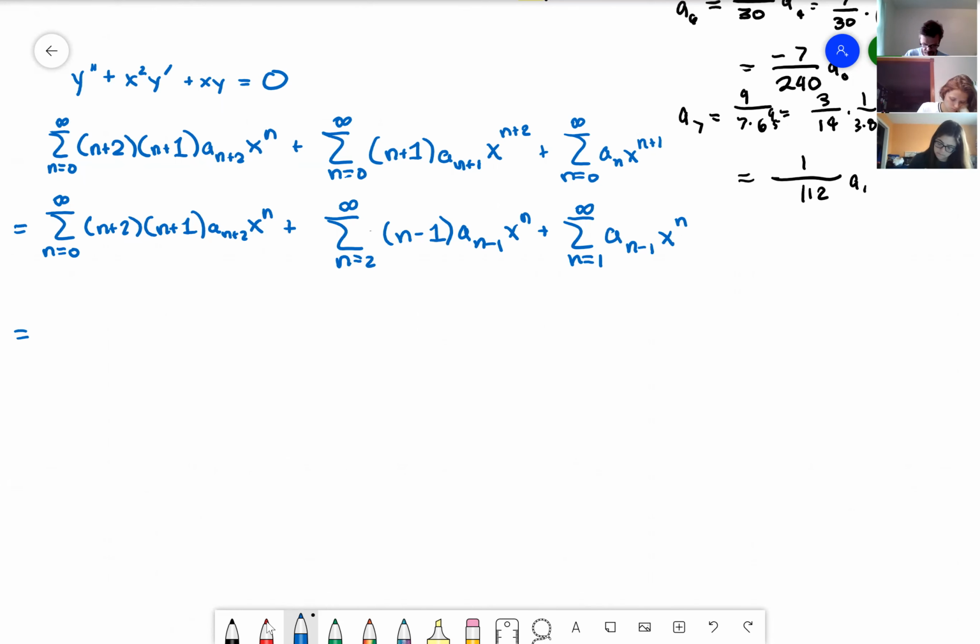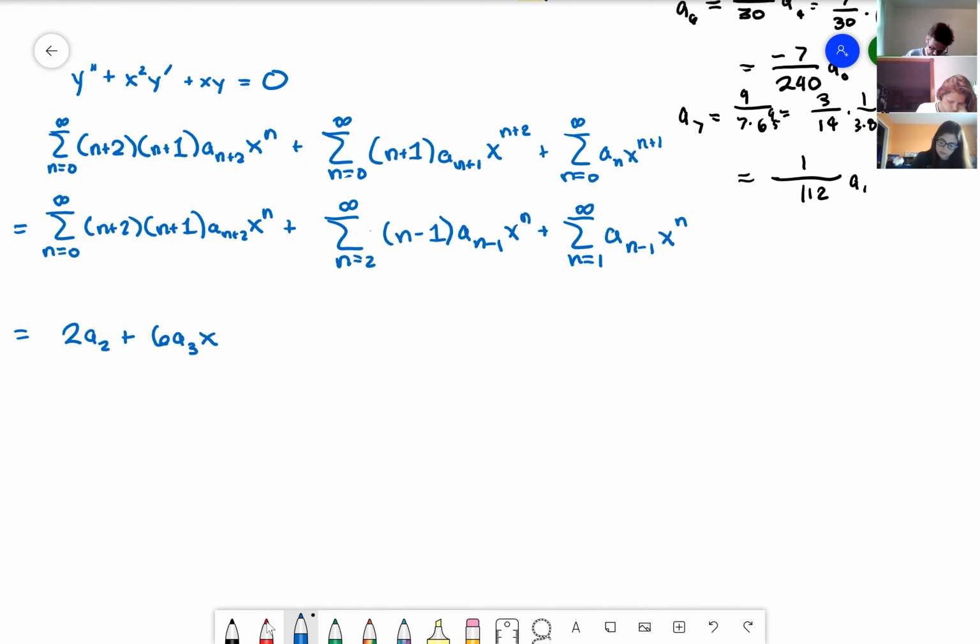Now I'll peel off my initial two terms from the first one. So plugging in, I get 2 a2 plus, let's see, that's 3 times 2, 6 a3 x.